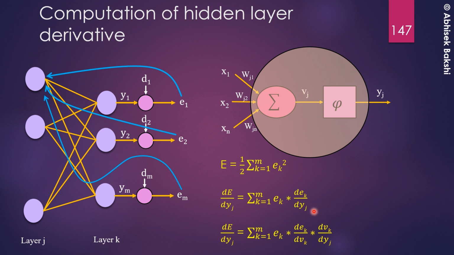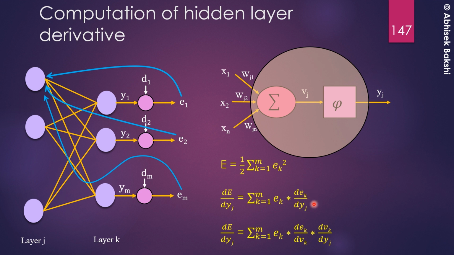Now the question is how to calculate this derivative of ek with respect to yj. It's not directly connected either. So we can again apply the chain rule for dek/dyj to find it out.